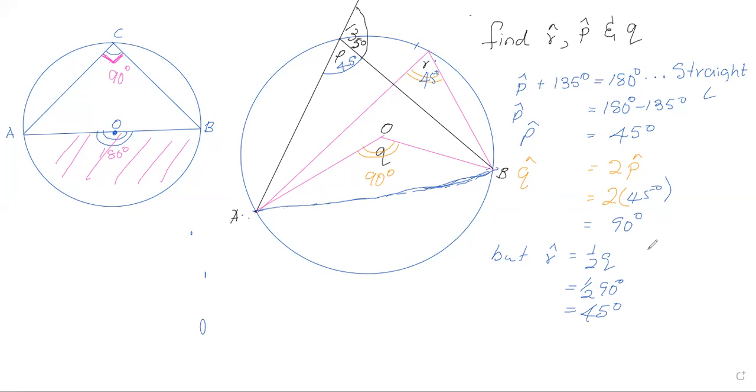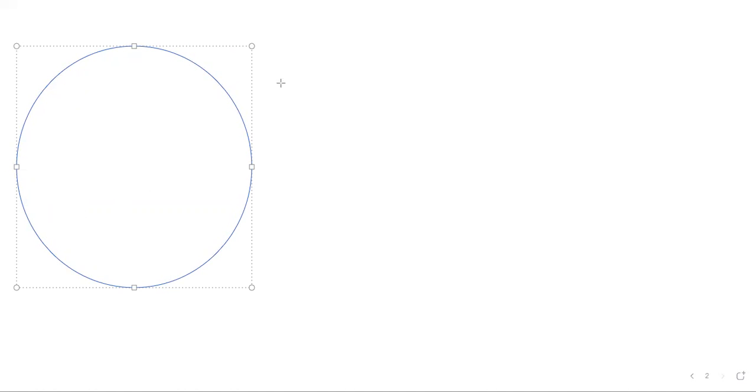We are going to have a look at this diagram here. And then here we have a line that will touch a circle at one point, and that kind of a line is called a tangent.